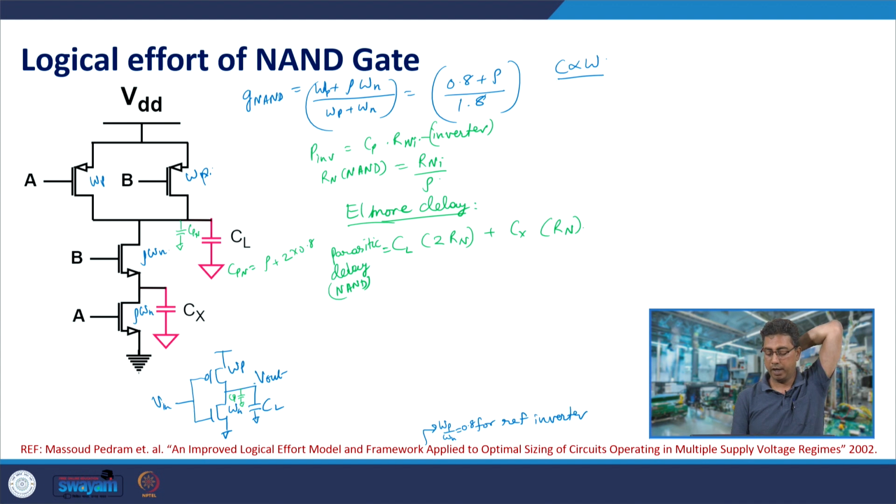Now, taking the ratio of the parasitic delay of the NAND gate and the parasitic delay of the inverter, if we have some simple estimates of the capacitances, like assuming that the parasitic capacitance is equal to the gate capacitance, then we get a simple value for the parasitic delay.